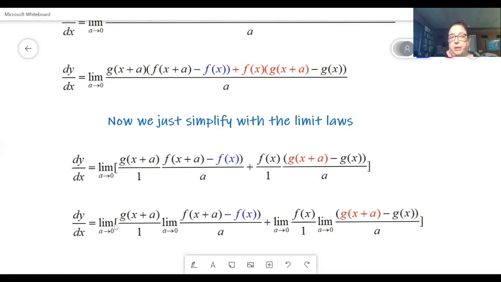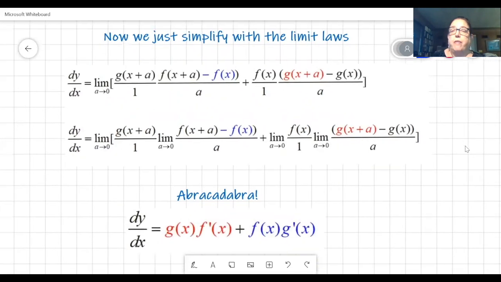And if you look at this very closely, well, the limit of g of x plus a as a goes to 0 is just g of x. That's really easy. And the limit of f of x as a goes to 0 is just f of x. And these are just the derivatives. We're basically at our formula.